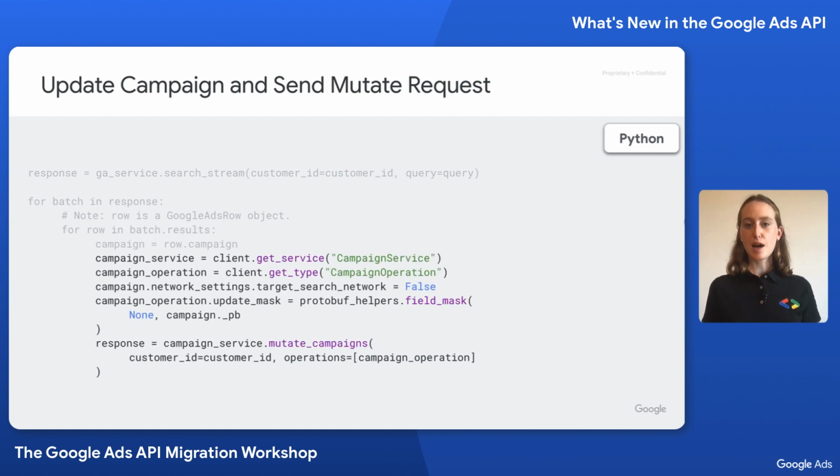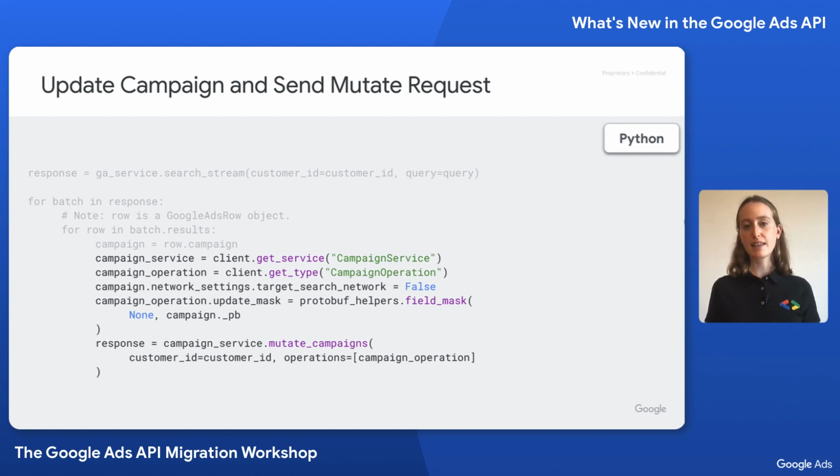With the campaign object from the GoogleAdsRow, we can now set the network_settings.target_search_network field to false, and then we make use of another new concept in the Google Ads API, which is the field mask. We use field masks in the Google Ads API to simplify updates by listing only those fields we intend to change with the update. Any fields that are not in the field mask will be ignored.